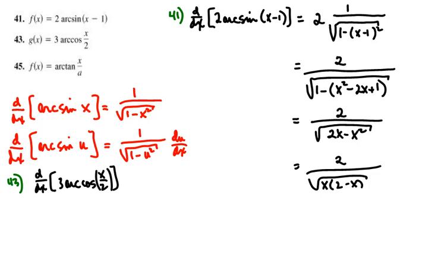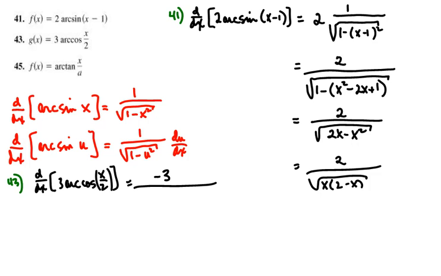Alright, in number 43 we're looking for the derivative of 3 times the arc cosine of x over 2. And if you recall, the derivative of the arc cosine is just the negative of the derivative of arc sine. And so we're going to have 3 over, and it's going to be negative, so I can write that in also.